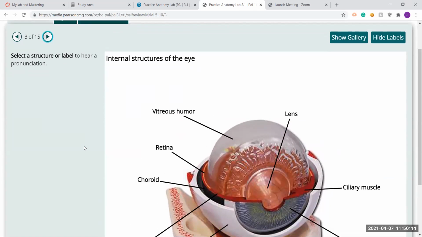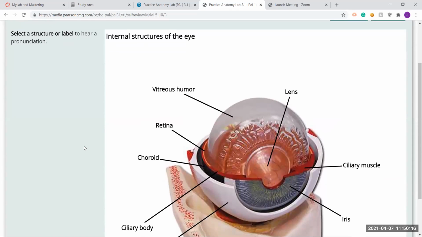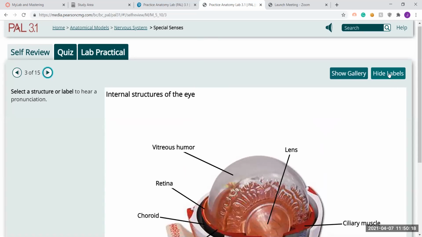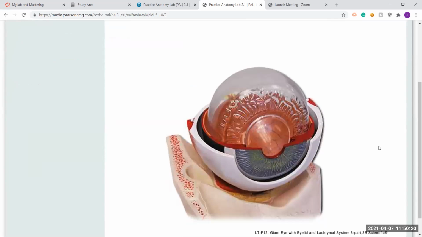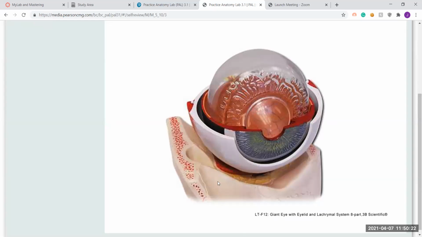Now, again, the internal structure of the eye. So let's hide the labels here so we can see it easily. So the outermost part here is the sclera. Then again, the choroid. Choroid anteriorly becomes the iris. And around the iris, you have ciliary muscles.